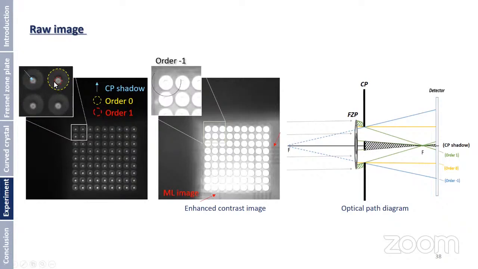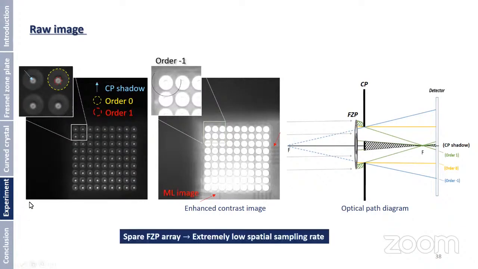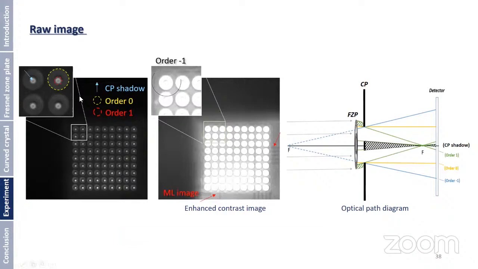This is caused by the center stop of each micro Fresnel plate. The formation of such images is illustrated by the optical path diagram on the right.